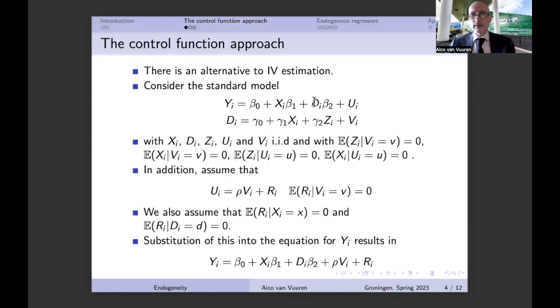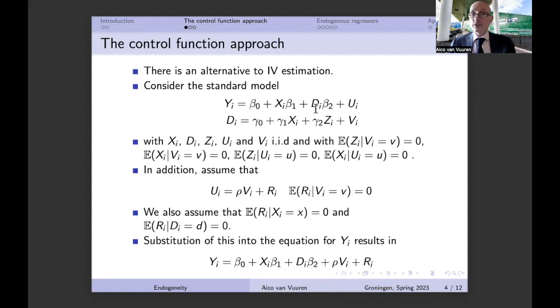IV takes the approach of looking at the regressor D. Instead of running a regression of y on x and D, which will give you inconsistent estimators of beta 0, beta 1, and beta 2, it looks at an alternative regression: a regression of y on x and on the conditional mean of D, conditional on the outcomes of Z. That is what IV does.